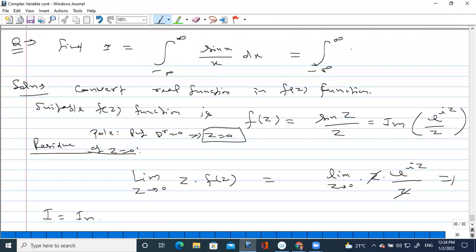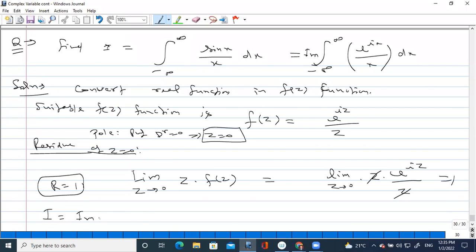The integral from minus infinity to infinity is the imaginary part of e to the power ix divided by x dx, converting sin x. So here this function I am taking just as f(z). You can directly convert x into z. So it will be e to the power z by z. Like this you can do. And from here I am finding the residue. So the residue will be 1.